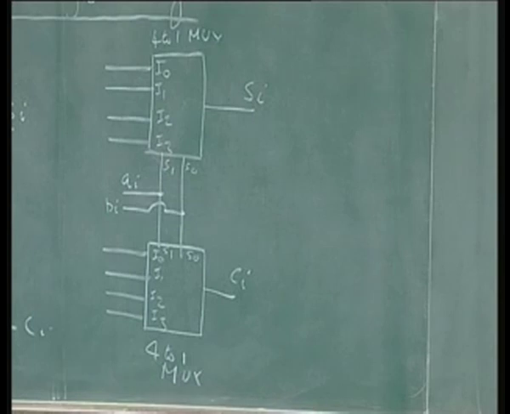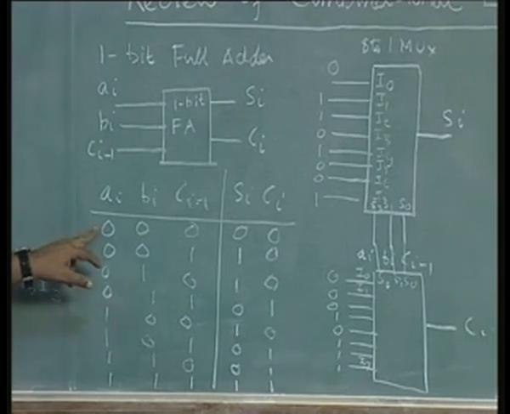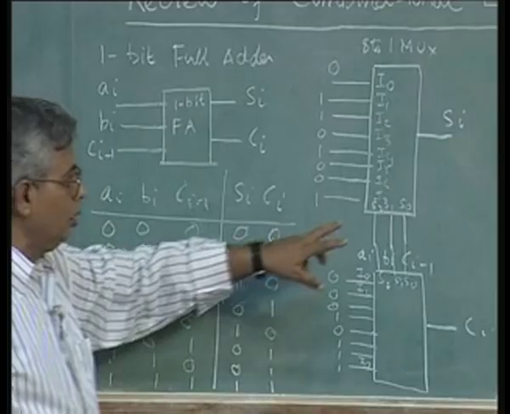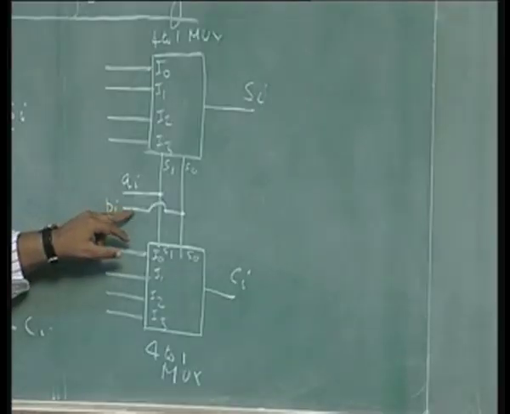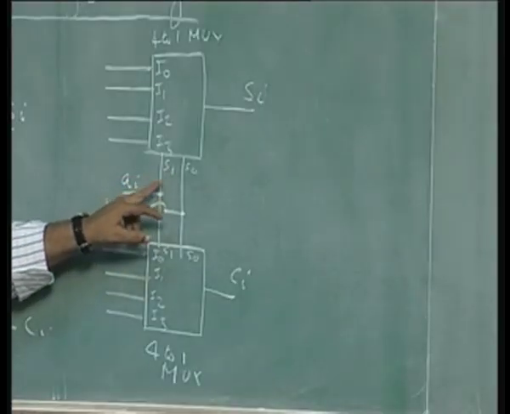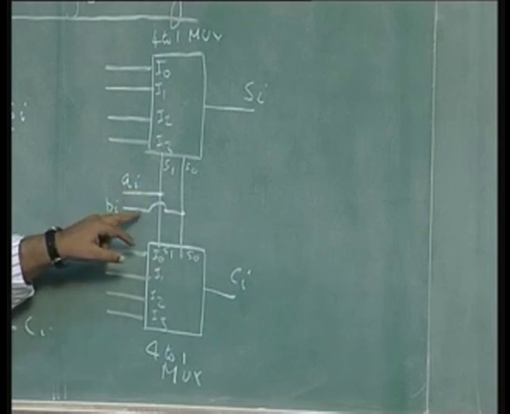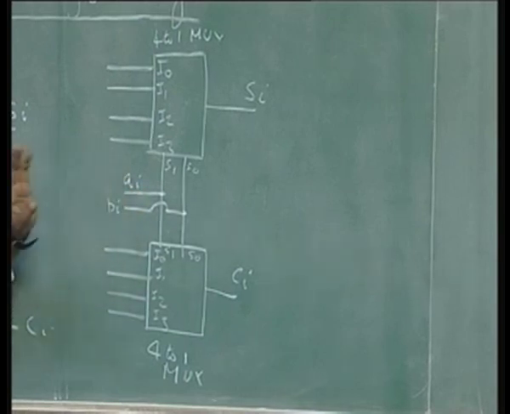So now instead of going to this truth table and designing line by line, I am going to go to the truth table where Ai, Bi are both 0, because there are only 4 combinations possible. Ai, Bi both 0, Ai 0, Bi 1, Ai 1, Bi 0 and both 1. There are only 4 combinations possible, 00, 01, 10, 11. So, I will have to look at those 4 combinations. I am going to identify those combinations here.